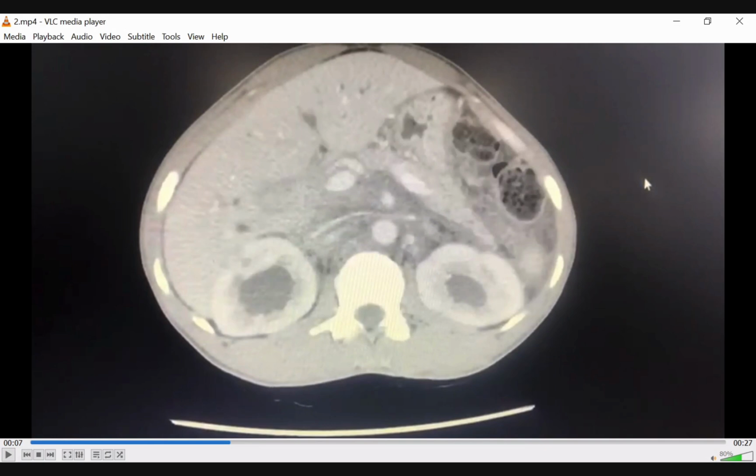They can be small hepatic cysts. Cyst is one diagnosis. What else? It can be biliary ducts.